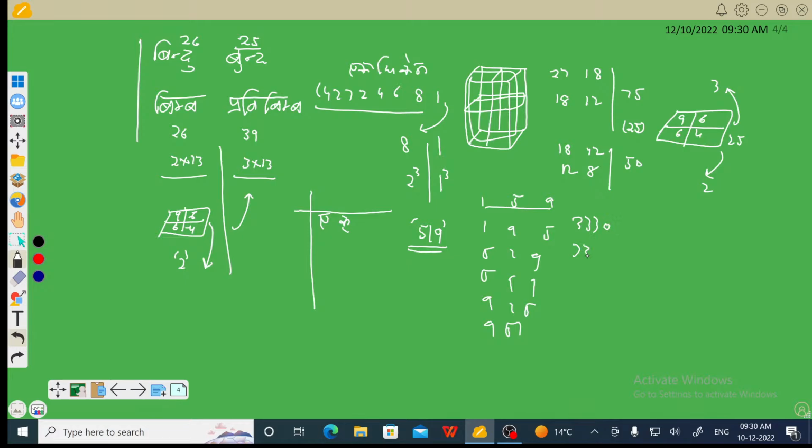It is 333 into 10. It is 3 into 111 and 10, and 111 is 3 into 37, and 37 is equal to 18 plus 19. 18 is hypercube 5 and 19 is small hypercube 5.